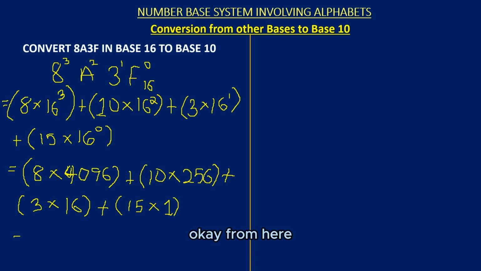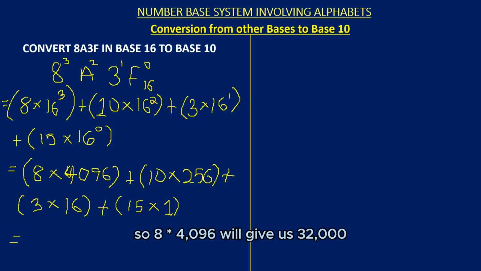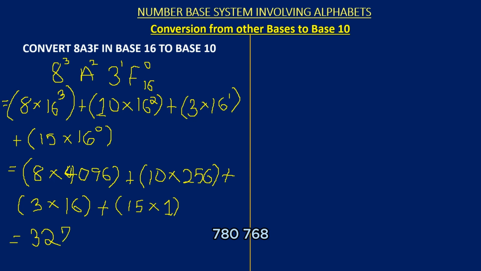Okay, from here we want to multiply so that we can take off the bracket. So 8 times 4,096 will give us 32,768.